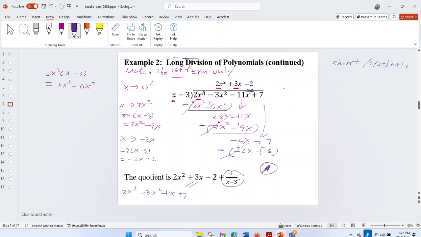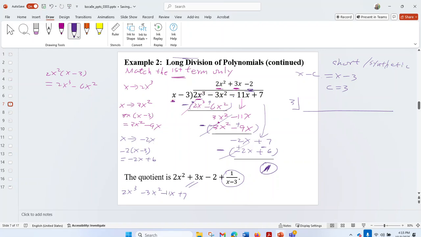So for this one you write down the x minus c form. Okay, and if I have x minus 3, my c here will be exactly 3. All right, so I'm going to use the same question using a different way. So I'm going to write down 3 on the side. Okay, and then we're just going to write down the coefficient for each item here.